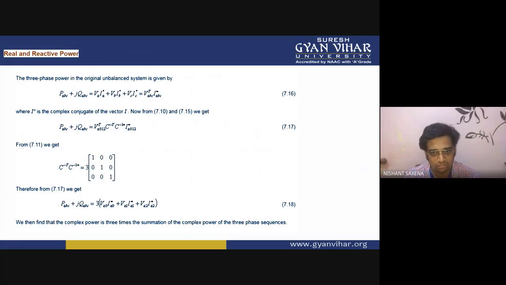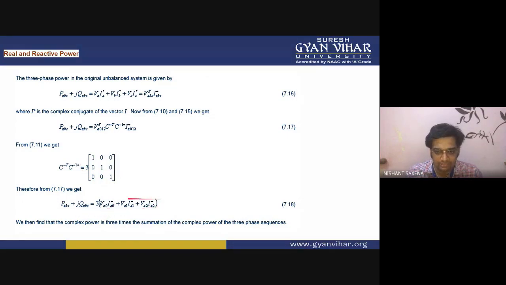When I substituted this value in this equation number 7.12, I will be getting that VA0 will be equal to 0.125 with an angle of minus 68.16 degrees.